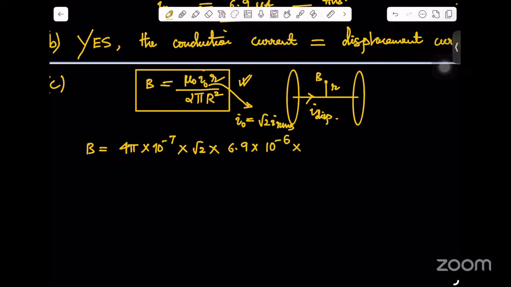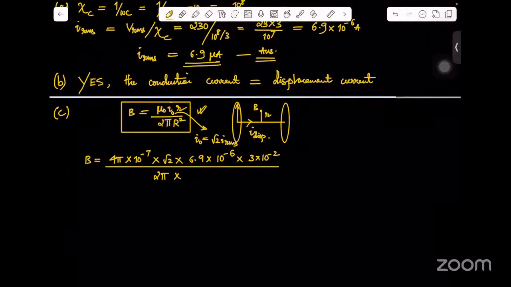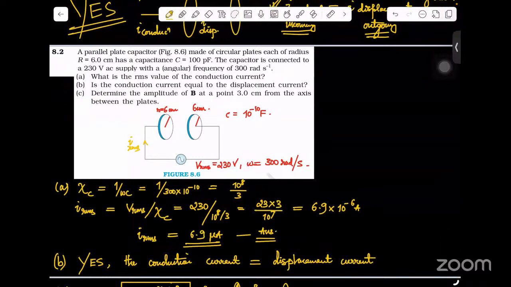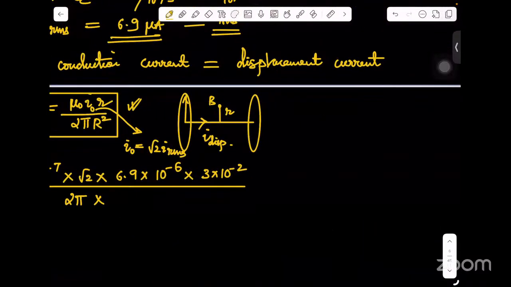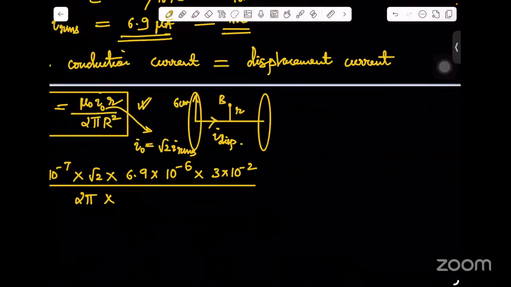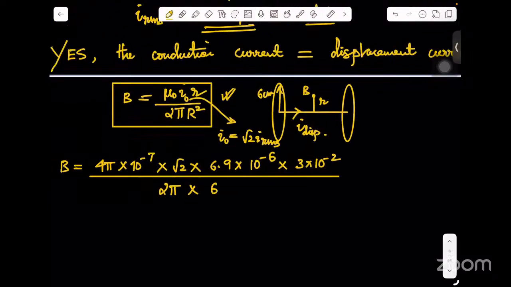We are not using I naught here. R is 3 centimeters upon 2 pi. Capital R is the radius of the circular disc, which is given as 6 centimeters, so 6 into 10 raised power minus 2.